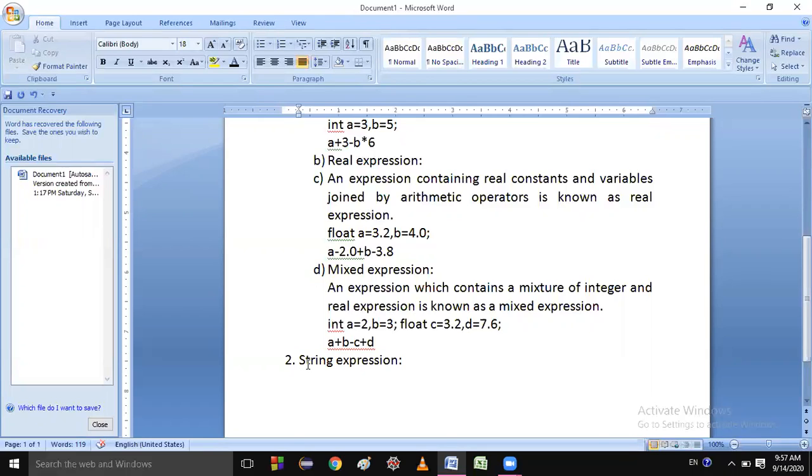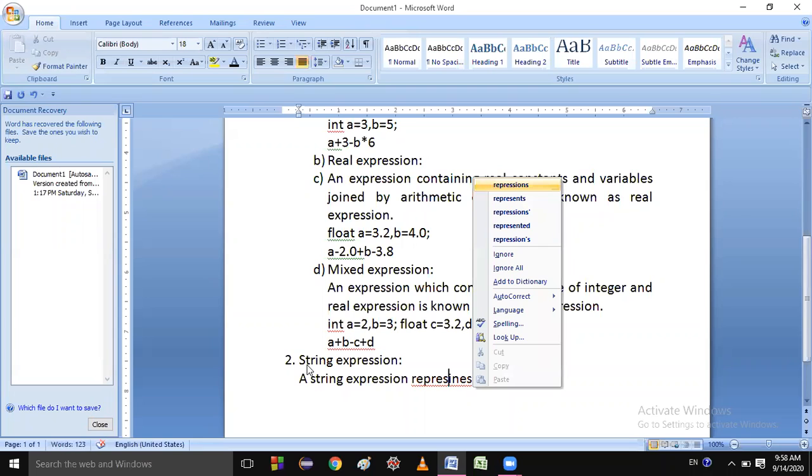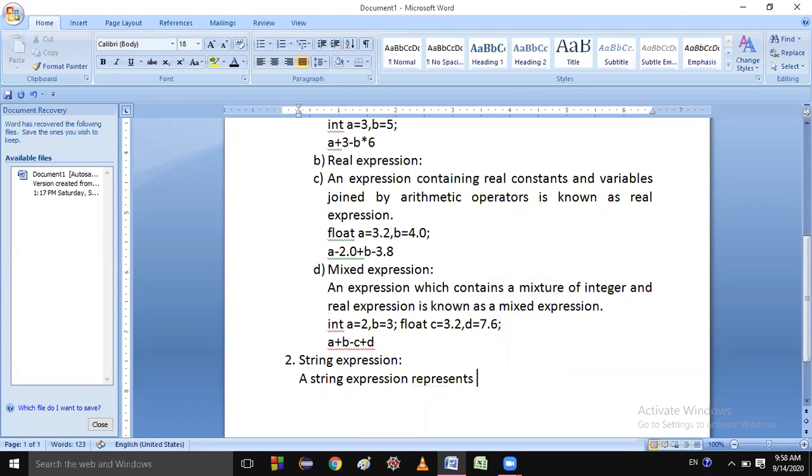Let me write the definition first: a string expression represents a string value.